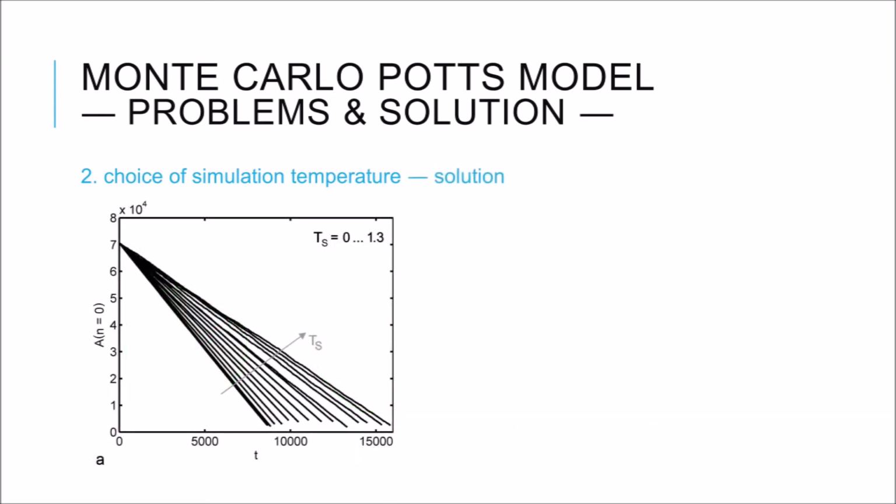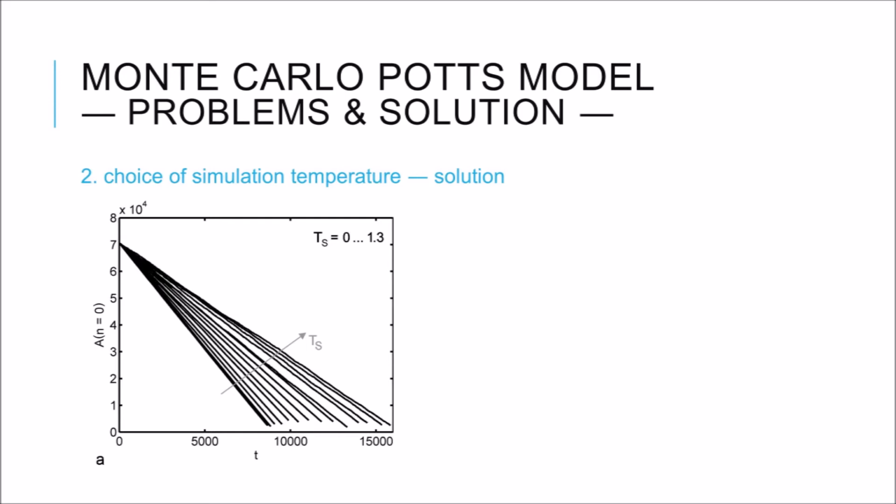To that aim, I have simulated the circular grain embedded into a larger grain multiple times. And I have varied systematically the simulation temperature. What you can see is that apparently the area is a linear function of annealing time, which you should always test if you have implemented your algorithm anew.